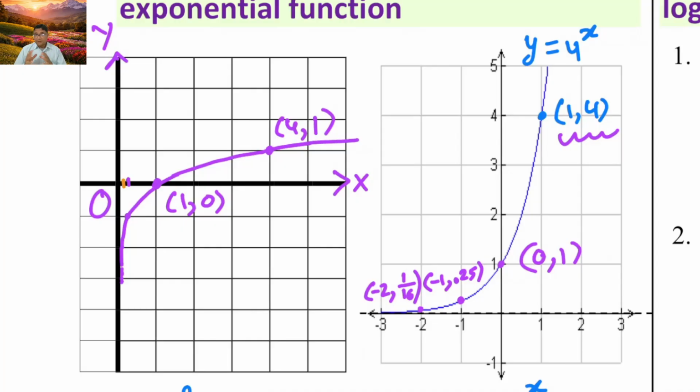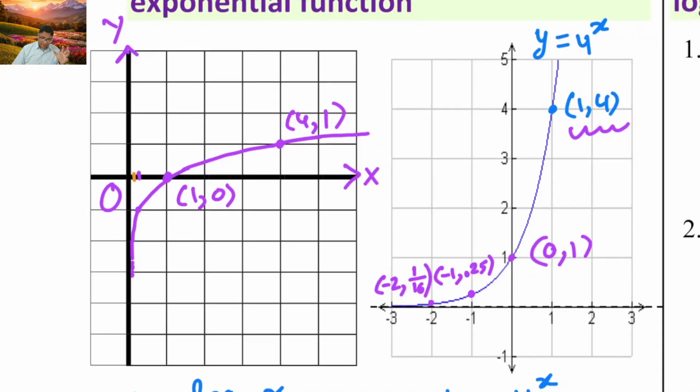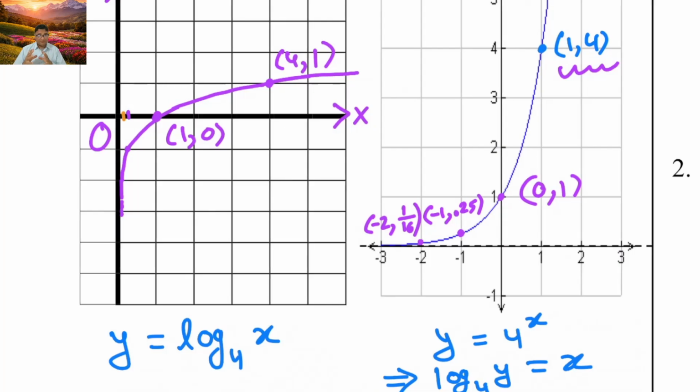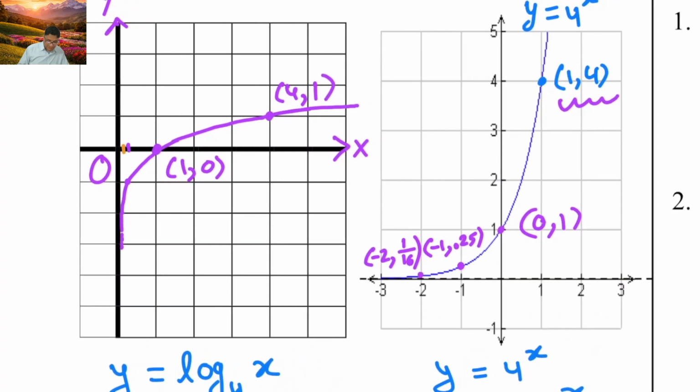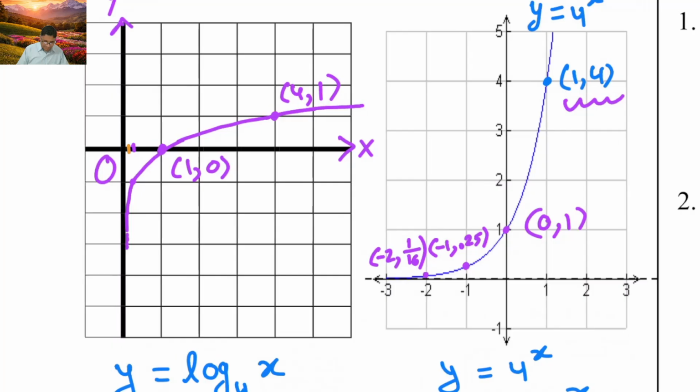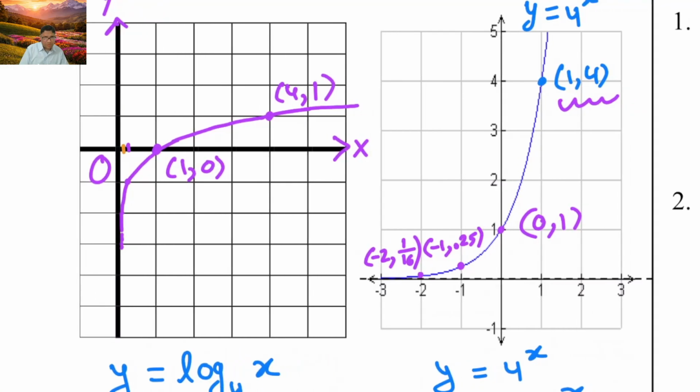Okay, now just like the exponential function had some specific characteristics, if you remember, we discussed in that video, the logarithmic function also has some characteristics. I will just talk about them orally and write some notes on the available space. You do the same. Okay. Number one, the x-intercept.